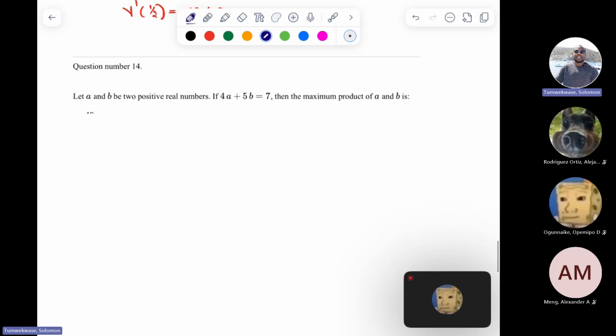So which function should we give it? Maybe product P of A and B. That is what they are asking us for.